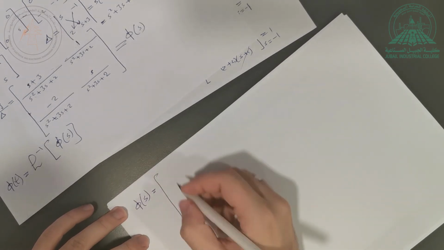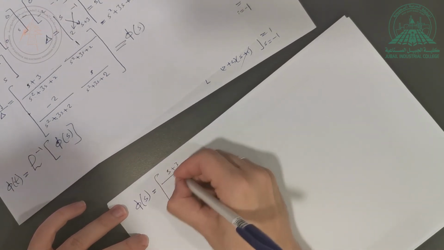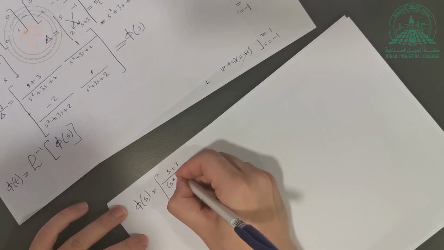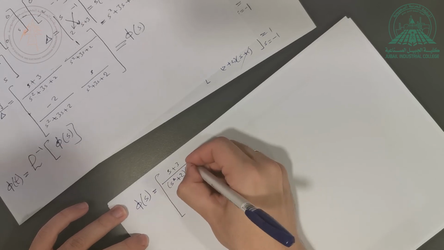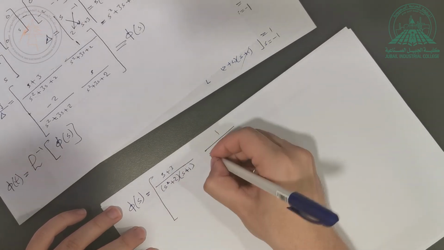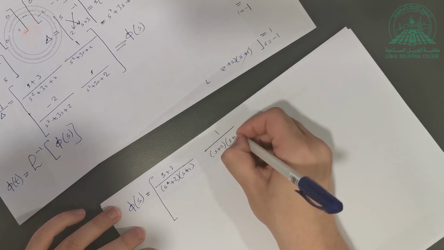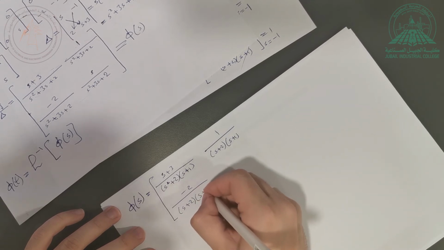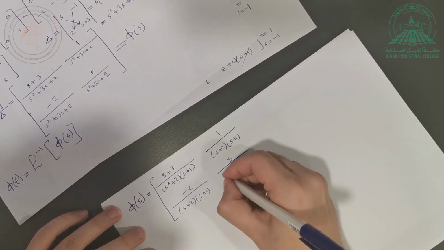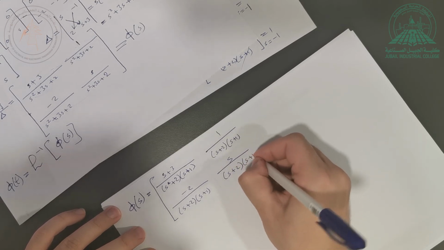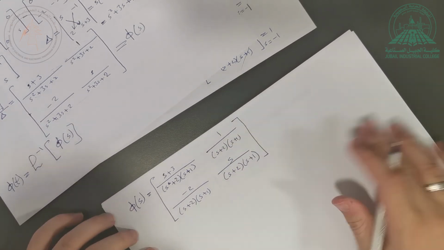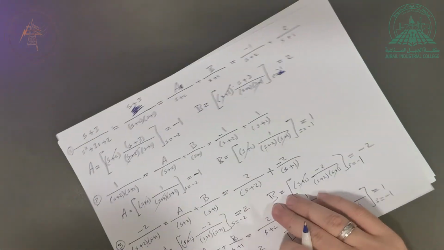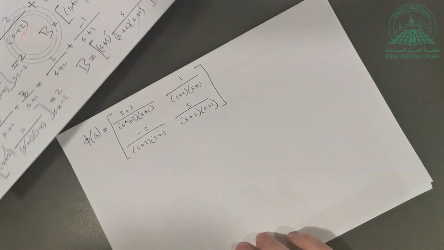It's equal to (s plus 3) over s squared, plus the four terms over (s plus 2)(s plus 1). Now I'll open up each one of them according to the partial fraction expansion expressions that we got here.